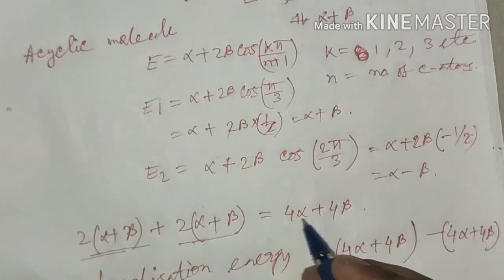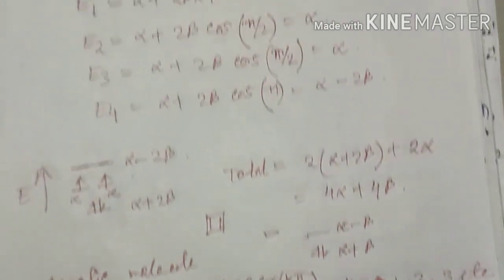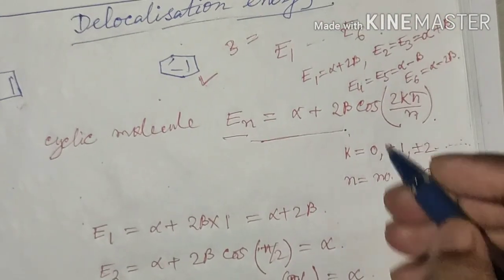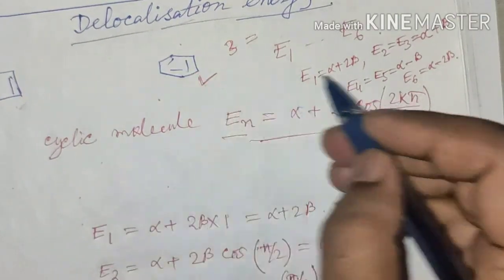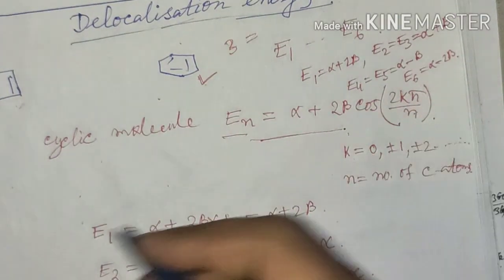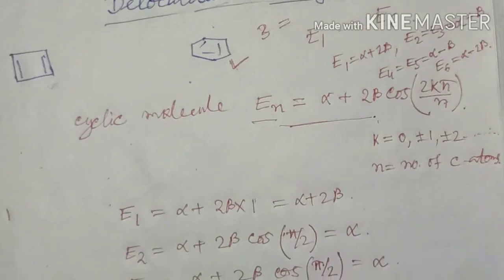There will be 6 alpha plus 6 beta for 3 ethylene molecules, and now let us calculate the total energy for the benzene system.